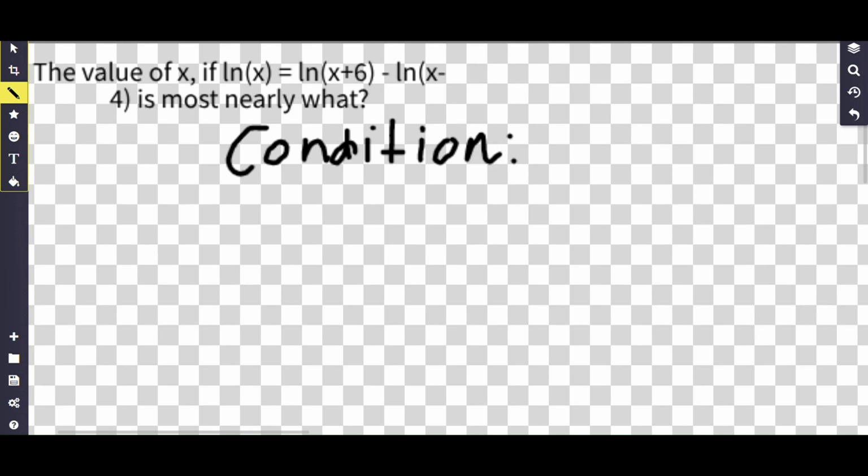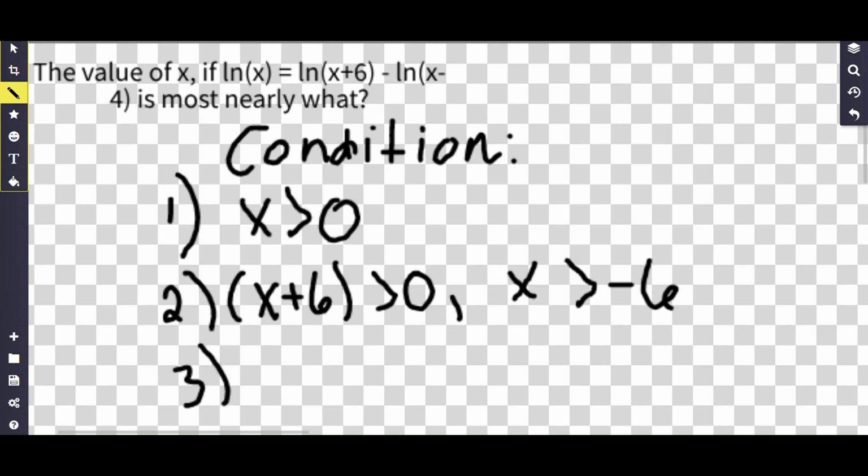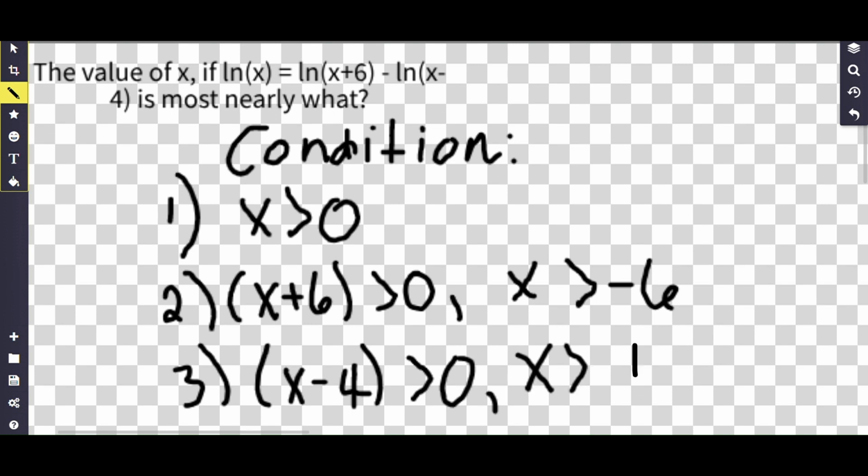The conditions we need to realize are: 1, x is greater than 0; 2, x plus 6 is greater than 0, so x is greater than negative 6; and 3, x minus 4 is greater than 0, so x is greater than 4.